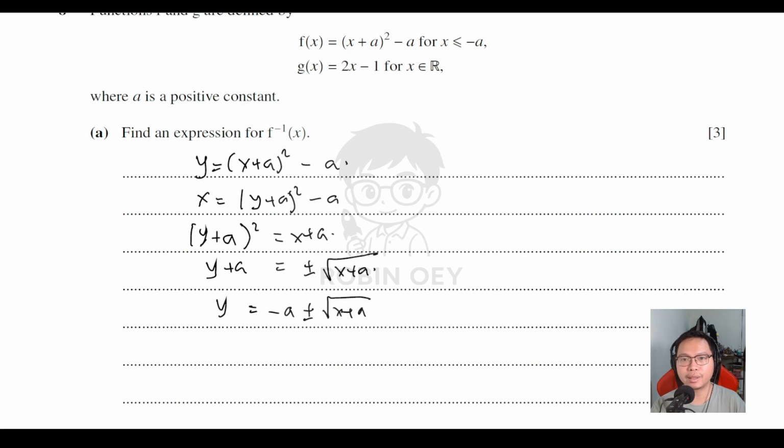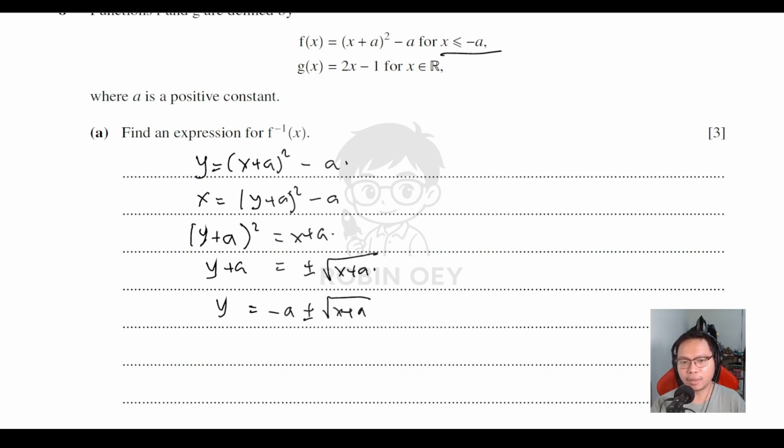Okay, let's check. It said that x is less than or equal to negative a, so this would become our range for the inverse, so we cannot have two answers like this.